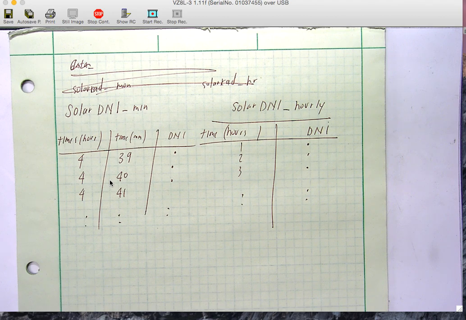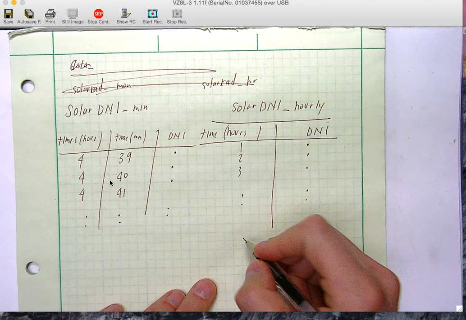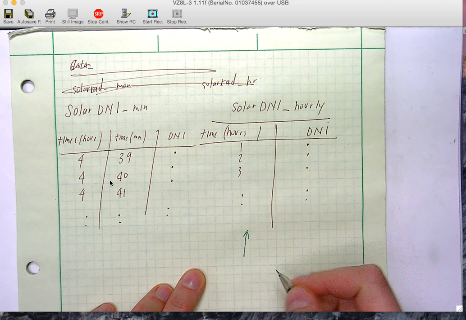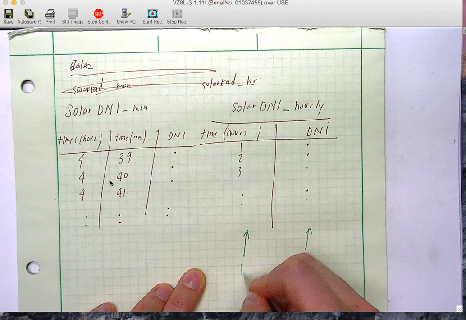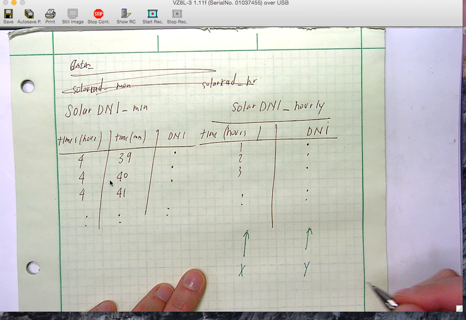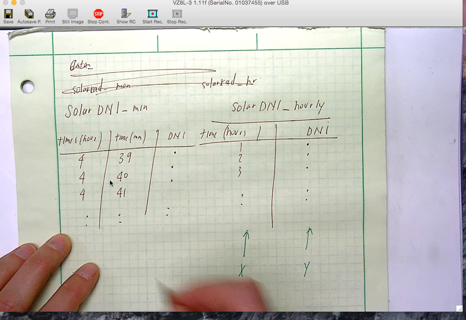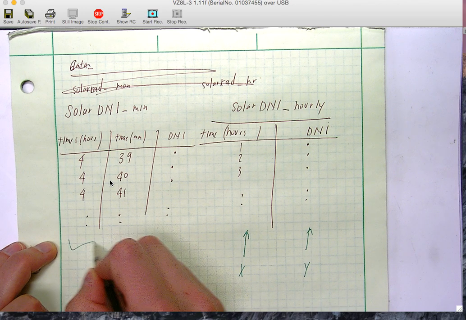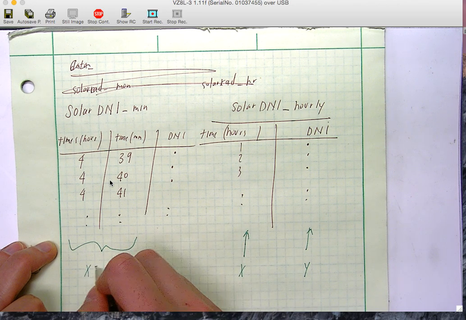Then it was collected at 4:40, and then at 4:41. So this is what you need to import and use. This here is your X array, this is your Y array, and this here is your X star array.